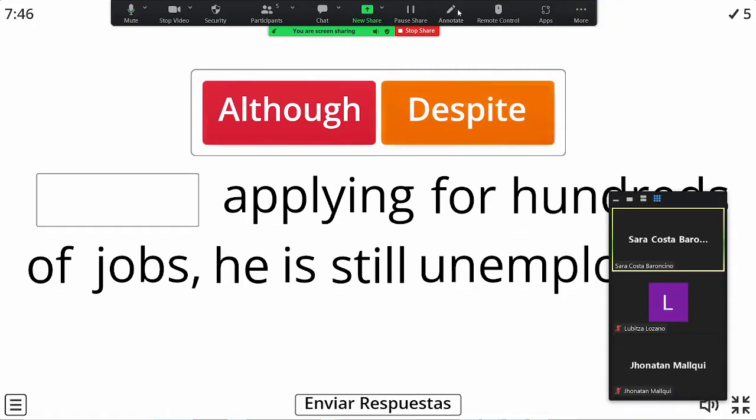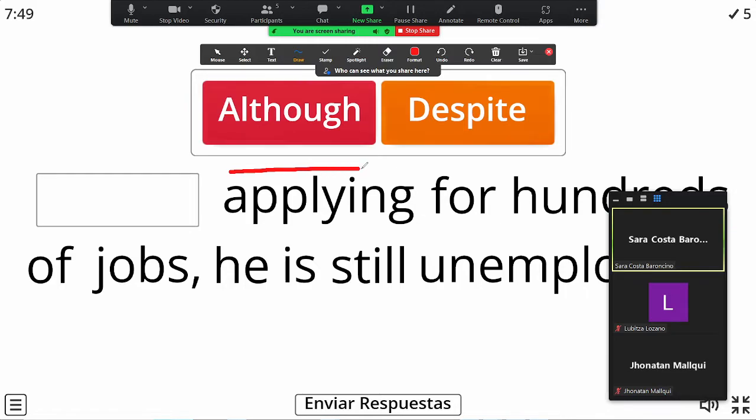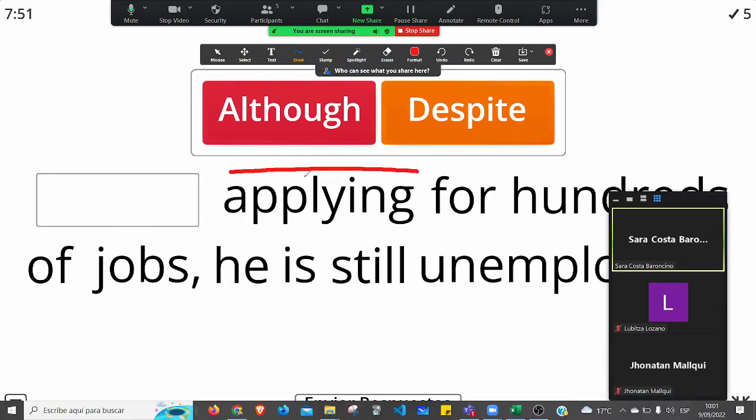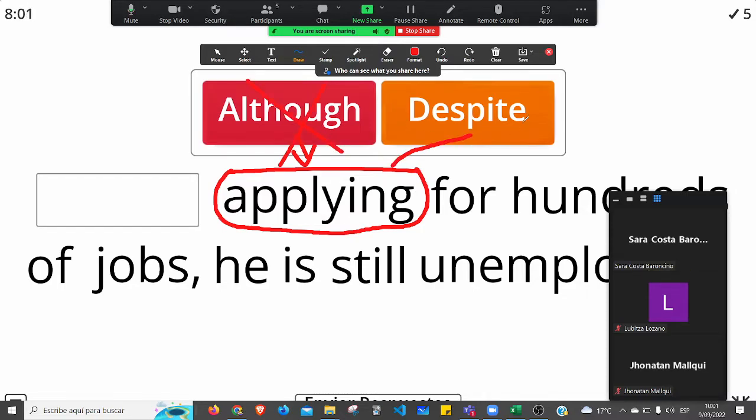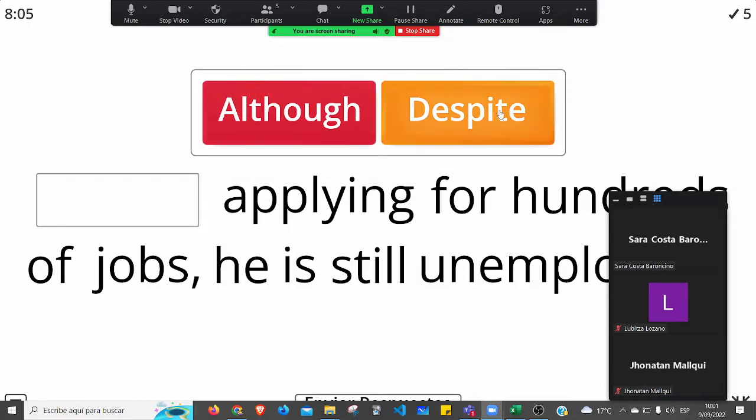Listo. Ok. Sí, cierto. Acá estoy teniendo un verbo con ing, ¿cierto? ¿En algún momento yo les enseñé un although con un ing? No. Solamente enseñé con el despite y con el in spite of. ¿Se acuerdan? Entonces aquí la respuesta es despite.